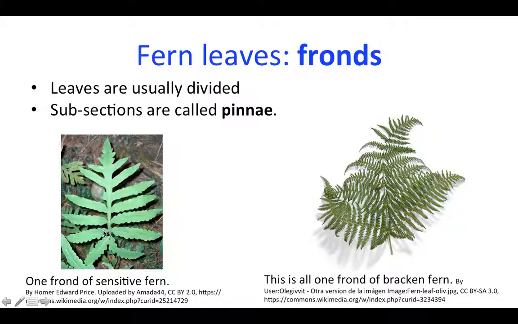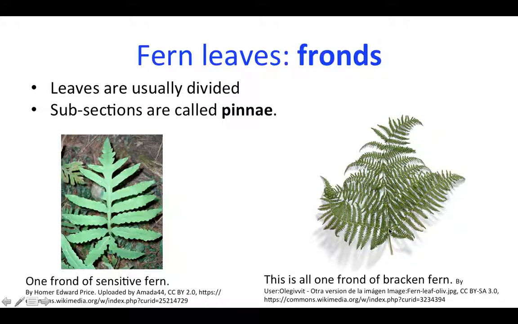On the sensitive fern on the left here, there's only one layer of division into subsections. But over here on the right, we have a different fern called a bracken fern. And again, what we see here is one leaf, and everything here is one blade. In this case, there are many levels of division.